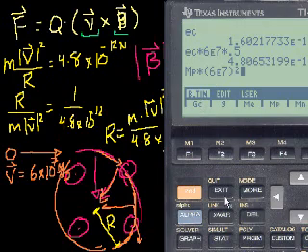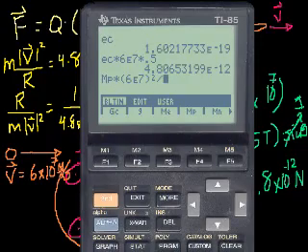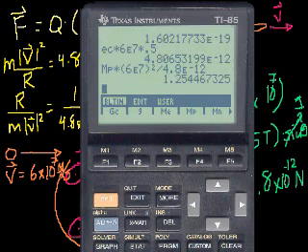And then all of that divided by the magnitude of the centripetal force, which is the force that's being generated by the magnetic field. That's 4.8 times 10 to the negative 12. So divided by 4.8 e minus 12. And let's see. Hopefully we don't get something funky. There we go. And that's actually a pretty neat number.